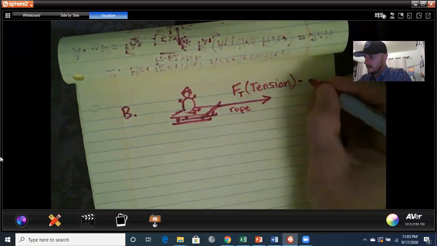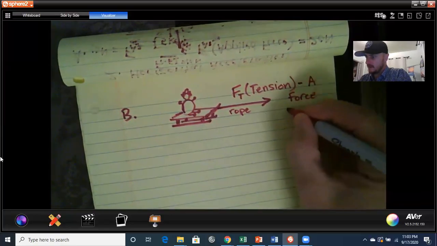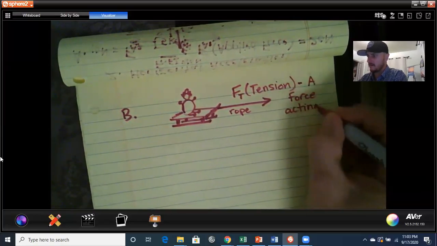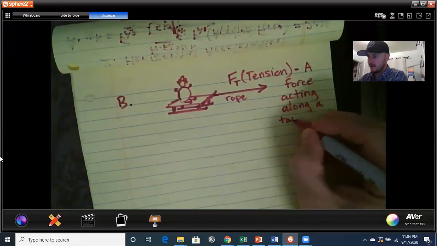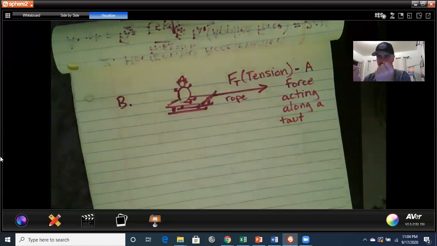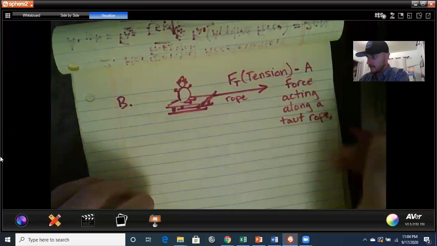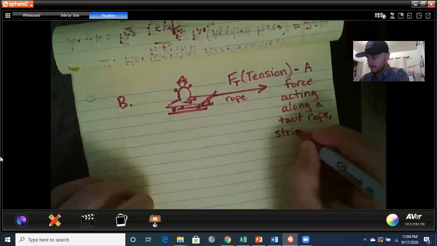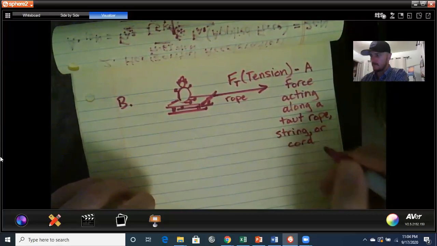This would be a force acting along a taut, spelled like that, like a tight rope, a rope that has no slack. You're pulling hard on it. A force acting along a taut rope, string, or cord. And we call it tension.